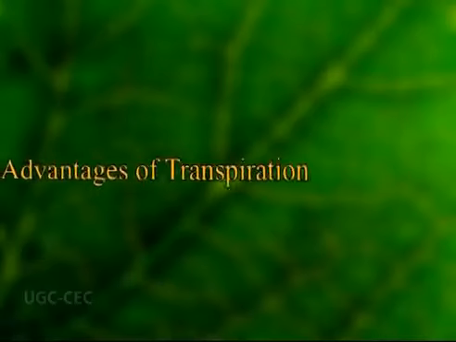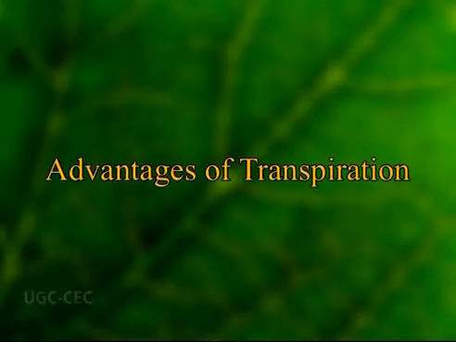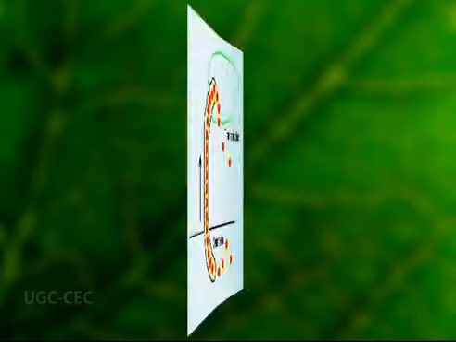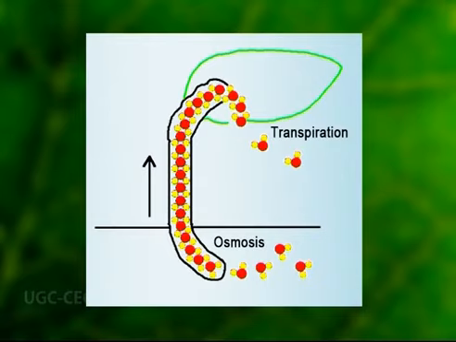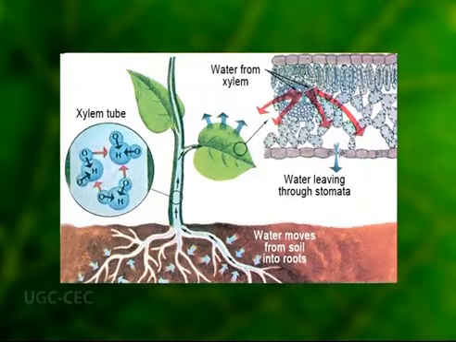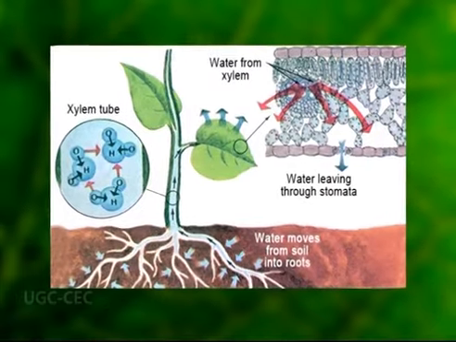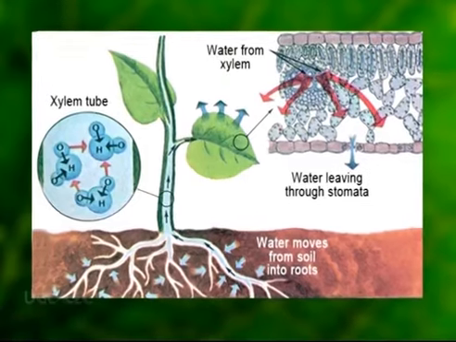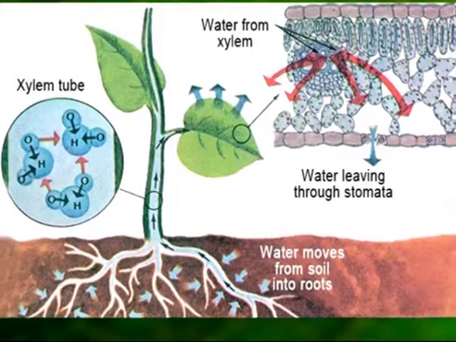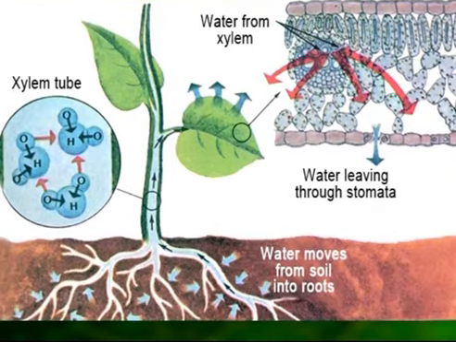Now, the transpiration process has many advantages, such as ascent of sap. Transpiration exerts a tension or pull on the water column in tracheary elements, and that pull is responsible for the upward movement of water and minerals, which we call ascent of sap.